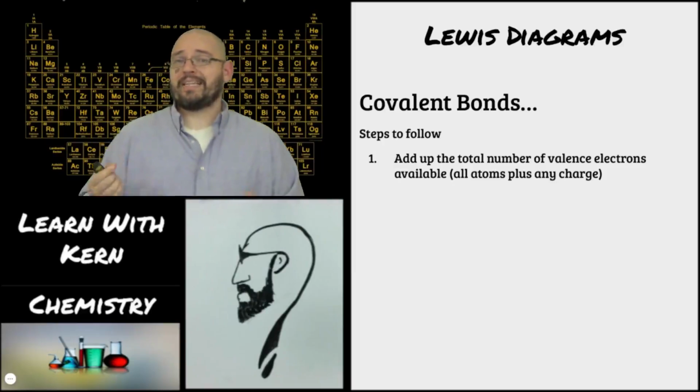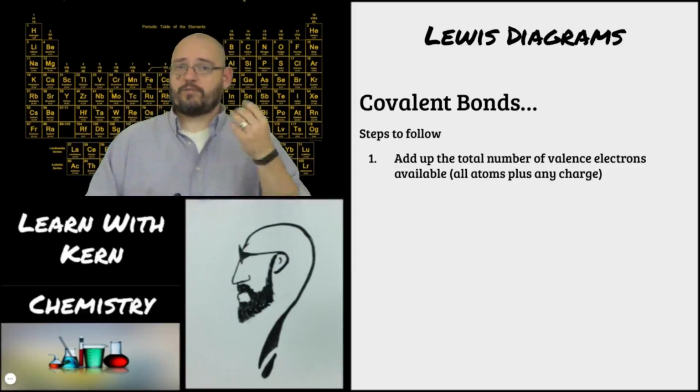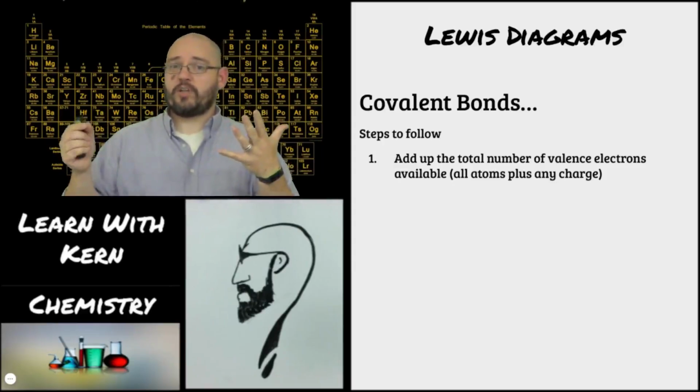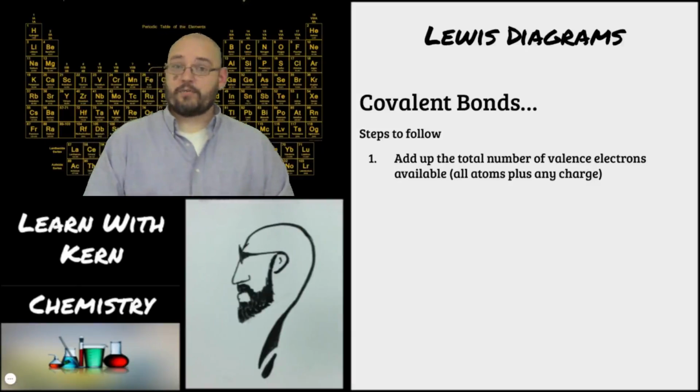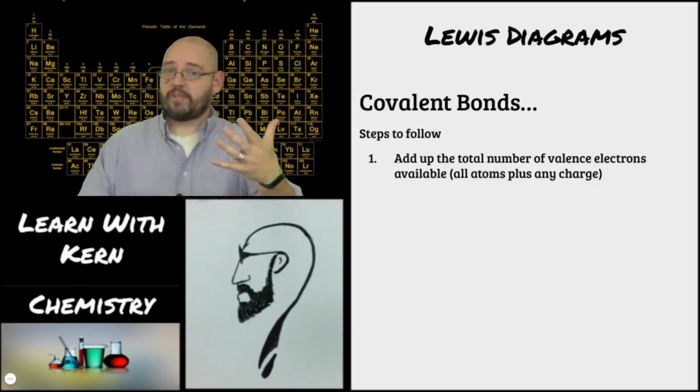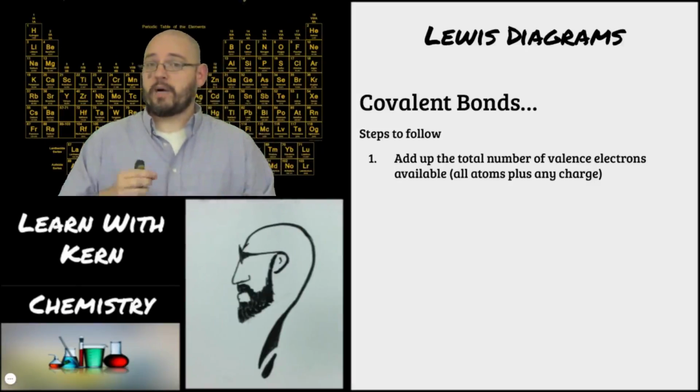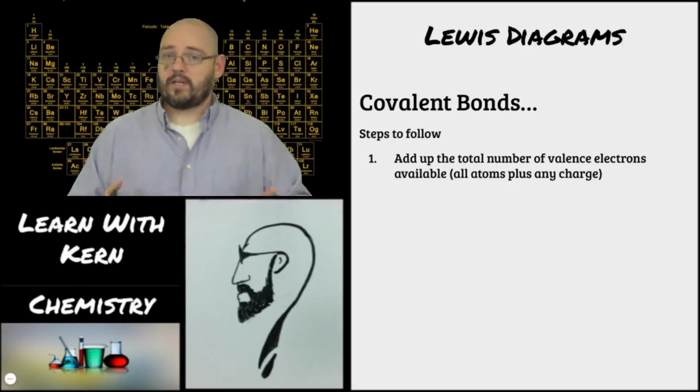Well, that means you have 1 less electron. So if you have 20 valence electrons with a charge of +1, that means you actually have 19 valence electrons. And if you normally would have 20 valence electrons, and the charge is -1, that means you have 21 electrons to deal with.